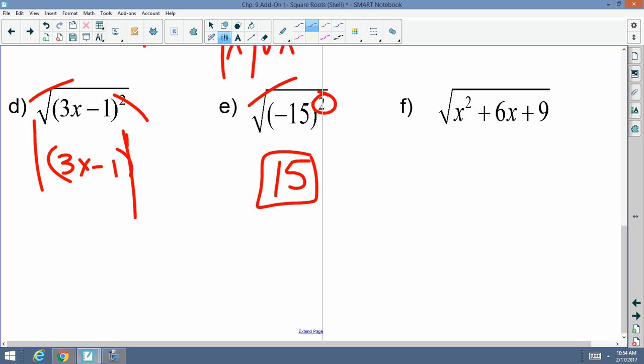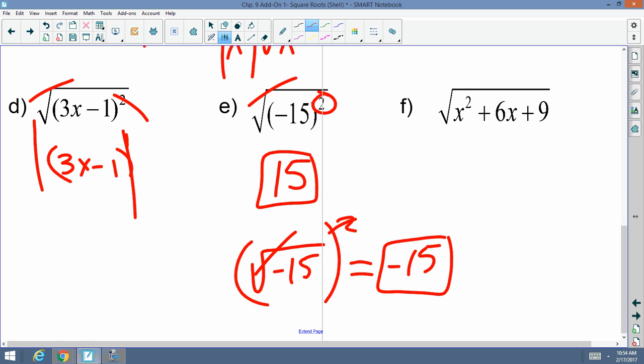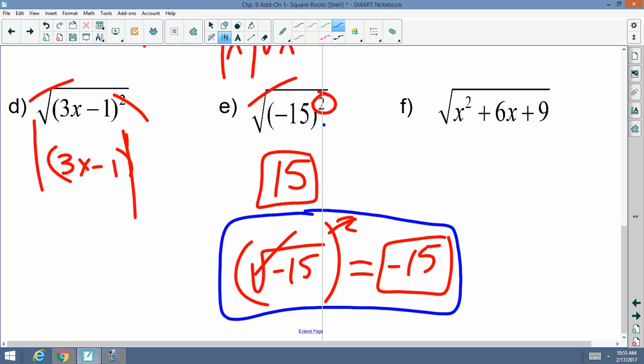Please be careful, because if I give you this, what would the answer to that be? In this case, it'd be negative 15. Why is this different than this? Because this guy is to everything, guys. When I raise a power to a power, don't I multiply the exponents?